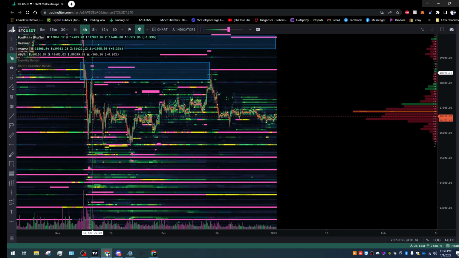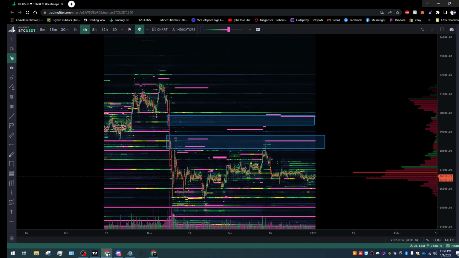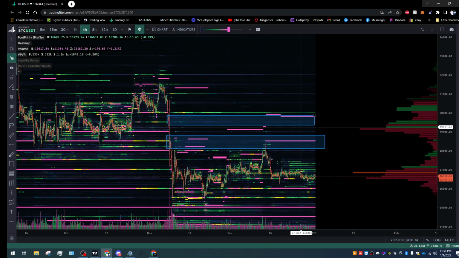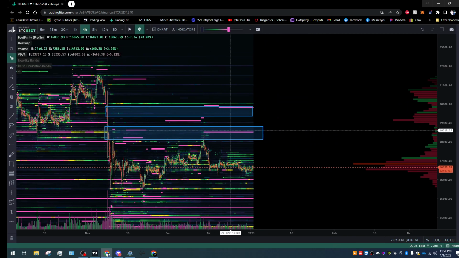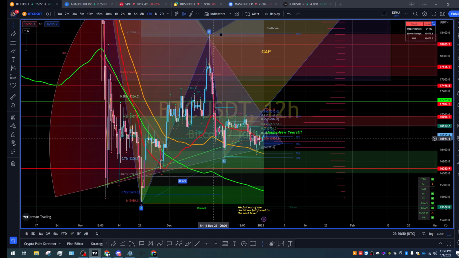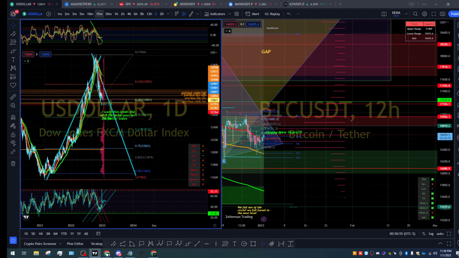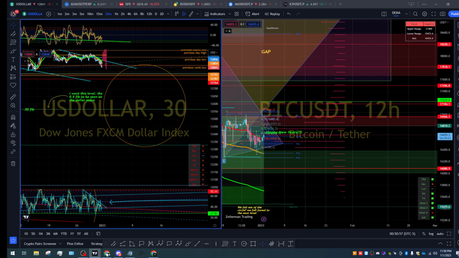I could extend this block if I wanted, because that's where the real gaps are, and the order blocks are within the imbalances of the candles. So we should expect price to move up if we can keep seeing the dollar get destroyed a little bit and keep moving to the downside.